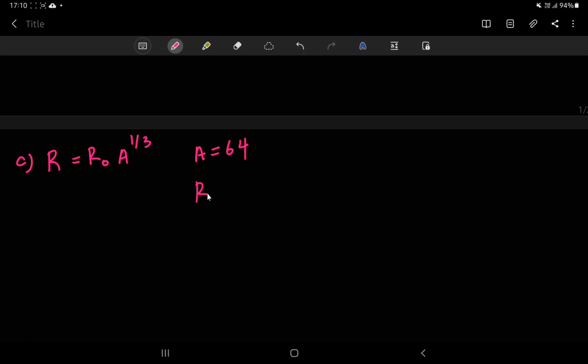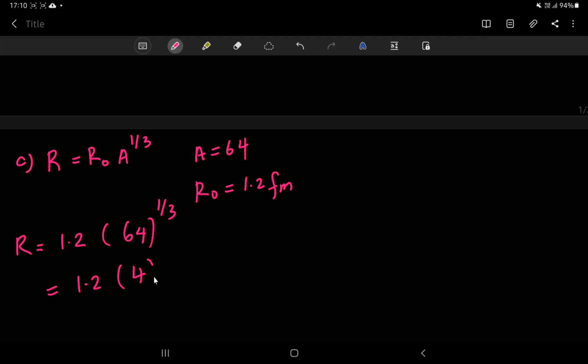Given r naught is 1.2 femtometer, r will be 1.2 femtometer times 64 to the power of 1/3. So 64 to the power of 1/3 is 4, if I'm not mistaken. Yes, that's 4. So 4 times 1.2 is 4.8.